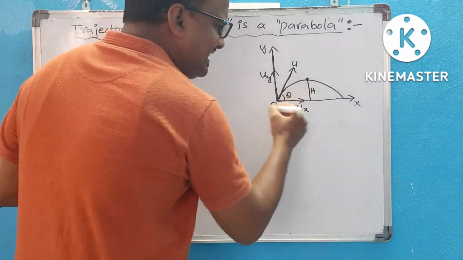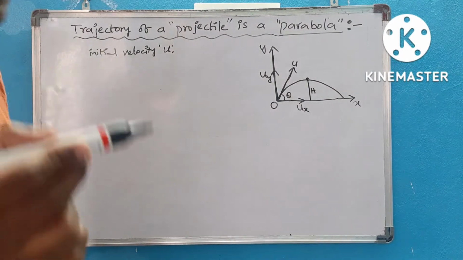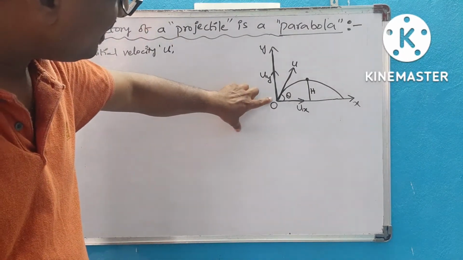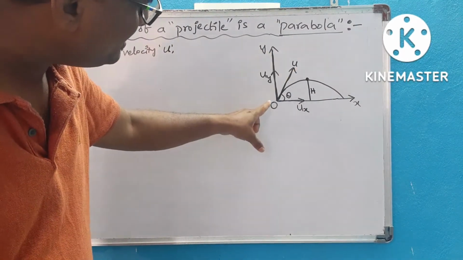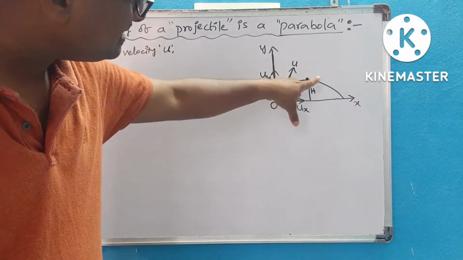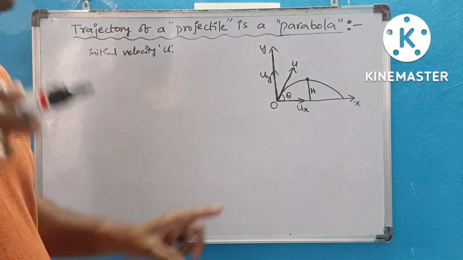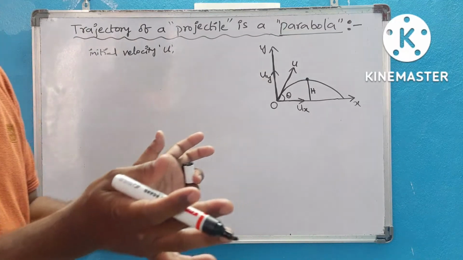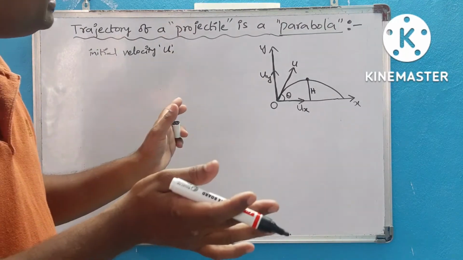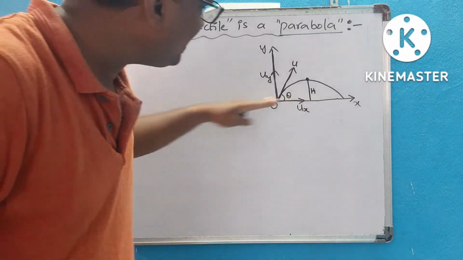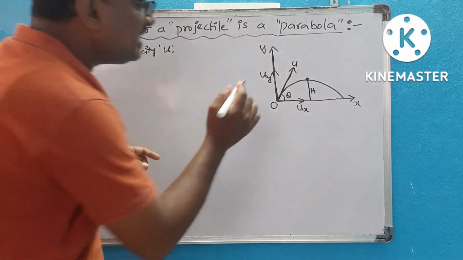So at any point from the origin to the maximum point on the parabola, the resultant vector can be resolved into two components, one horizontal and one vertical.